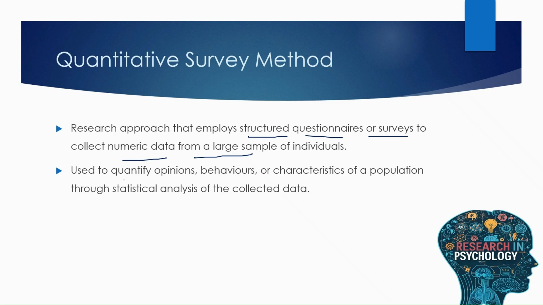This is used to quantify opinions, behaviors or characteristics of a population through statistical analysis of the collected data. As I already told you, the biggest advantage of having a quantitative data is that you can subject it to statistical analysis.